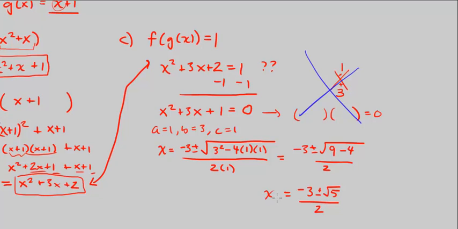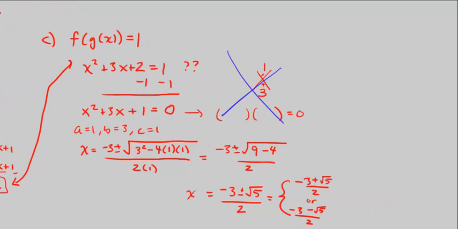So x equals this. Let's split it up. That's the same as negative 3 plus square root of 5 over 2, or negative 3 minus square root of 5 over 2. So these are the two possible values of x.